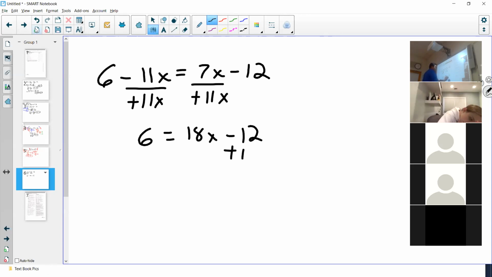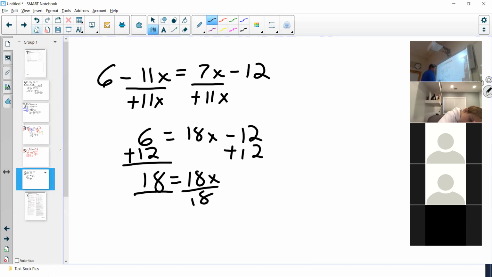Good, Craig. Plus 12 on both sides. That's going to be 18 equals 18x. Divided by 18 on both sides. 18 divided by 18 is going to be 1. So 1 equals x. Good, Jacob, also.